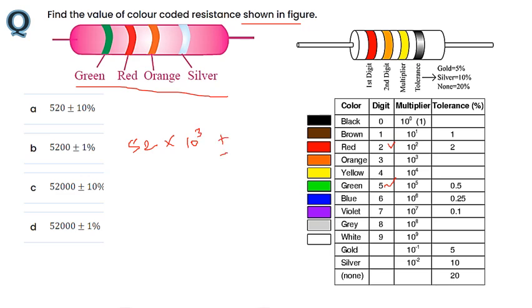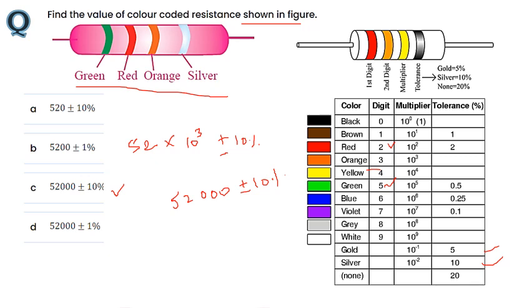In this case, silver is given at the end of the table, which is 10 percent tolerance. So I mention here plus or minus 10 percent tolerance. So the value is 52,000 ohms, plus or minus 10 percent tolerance. So actually this is the answer here.